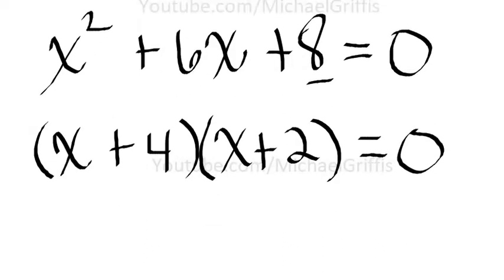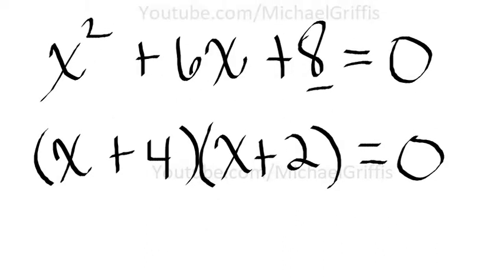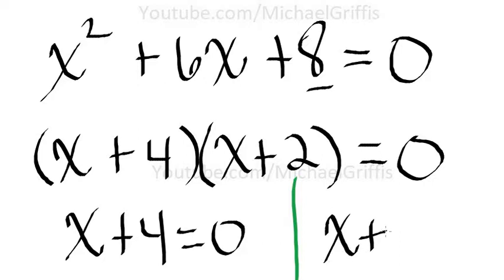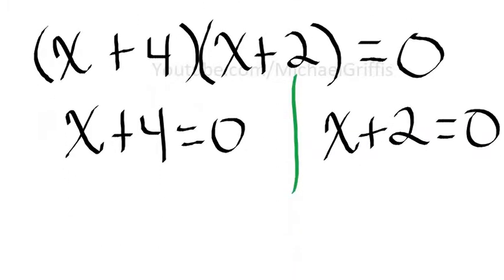Now the next step is set each one of these factors equal to 0. X plus 4 equal to 0. We want to solve for x. Let's do a line divider here, and then we're going to set x plus 2 equal to 0 and solve for x. See, it's not that bad.